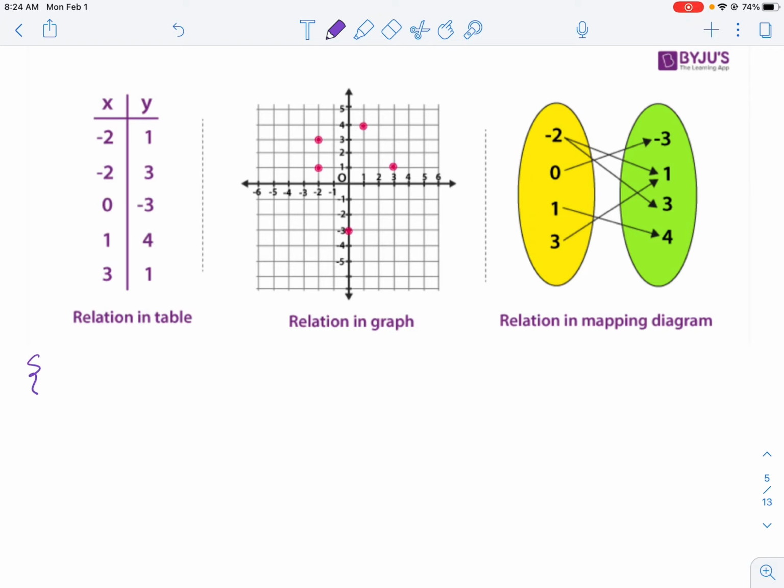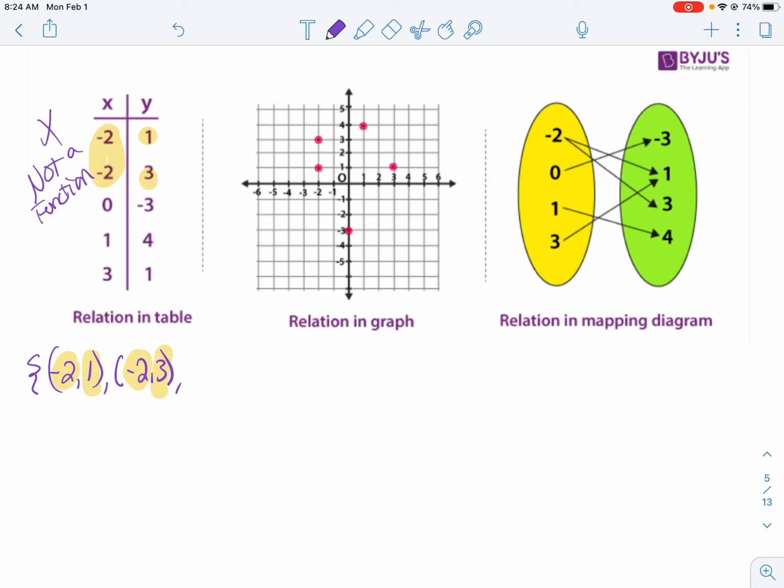If I do it for that first one here, we'd have -2, 1, and then next we have -2, 3. Already I'm seeing a problem. -2 is paired with two different outputs. This one input has two different outputs, so that would be not a function. I don't even have to check the rest of them because that's where it failed.